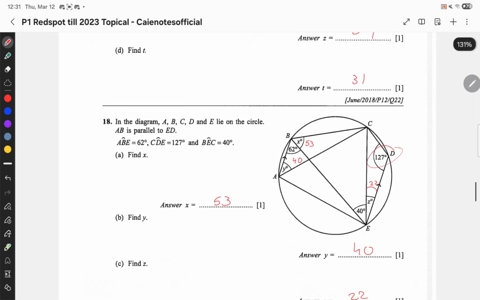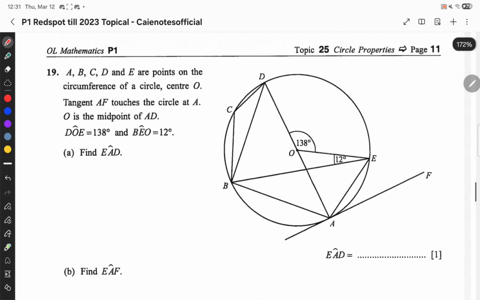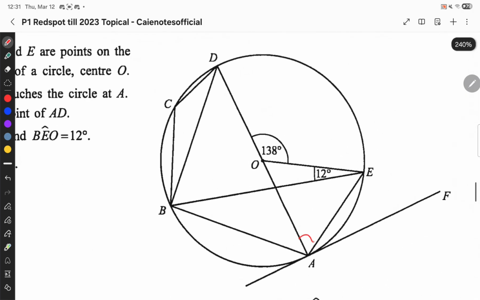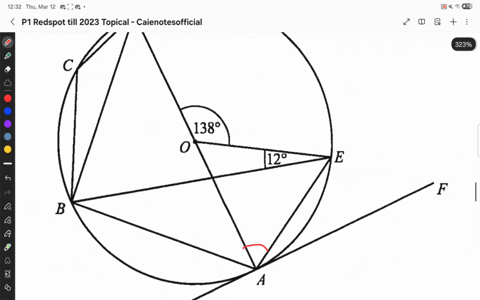Sometimes they give you angles to throw you off. Find EAD. Nice. And we can do some angle at center shenanigans. How? Why?